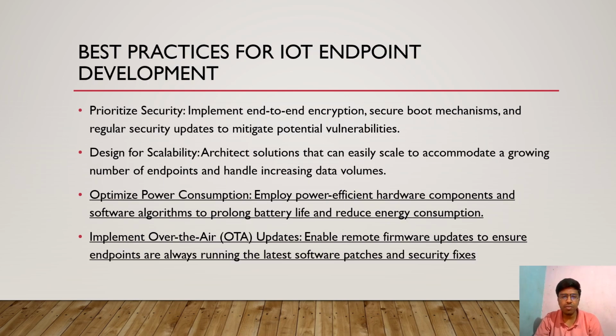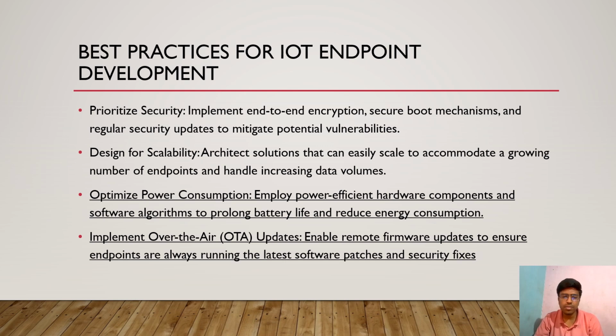Best practices for IoT endpoint development. Prioritize security: implement end-to-end encryption, secure boot mechanisms, and regular security updates to mitigate potential vulnerabilities. Design for scalability: design solutions that can easily scale to accommodate a growing number of endpoints and handle increasing data volumes.